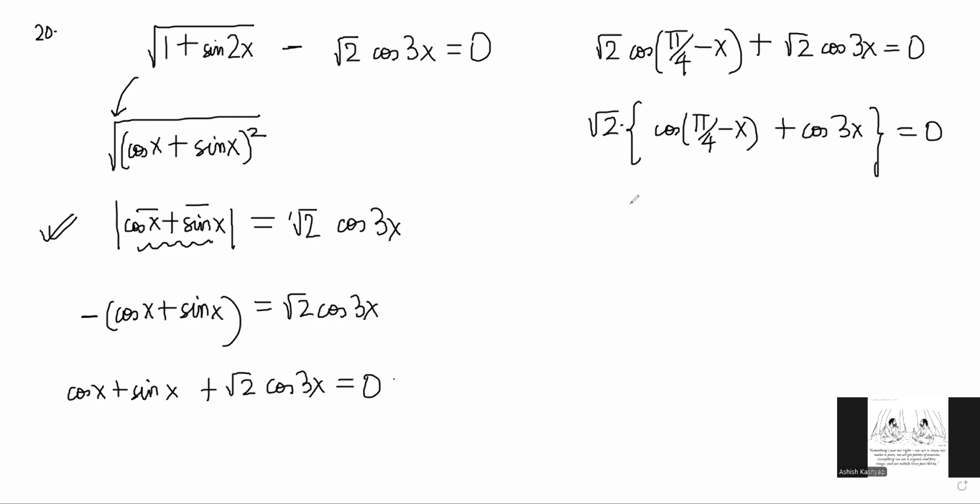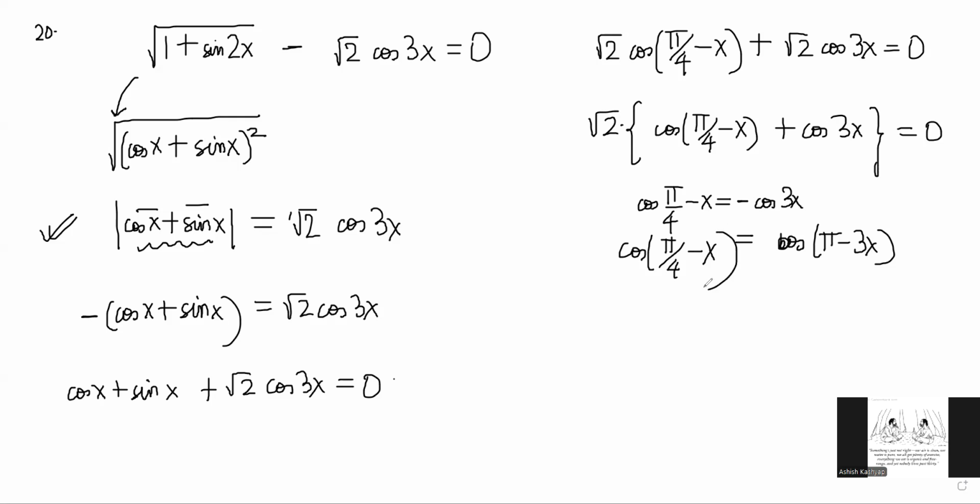We are getting cos pi by 4 minus x is equal to minus cos 3x, which can be written as cos of pi minus 3x if you know your basic identities. Cos pi minus 3x is minus cos 3x. Now we will say pi by 4 minus x is equal to 2n pi plus minus pi minus 3x.